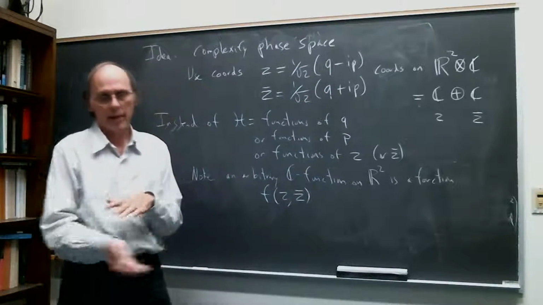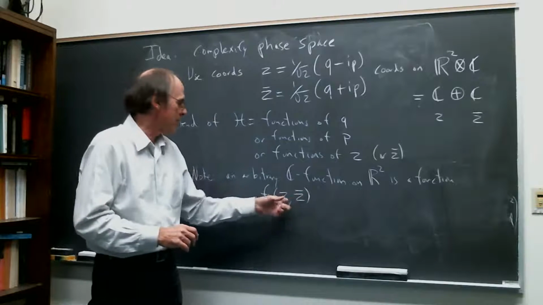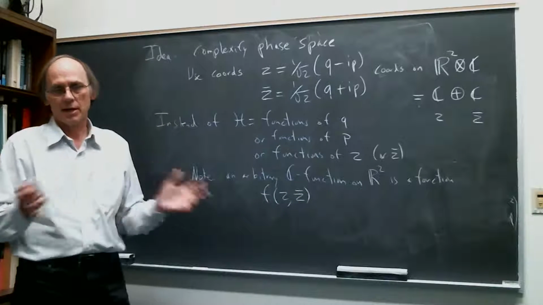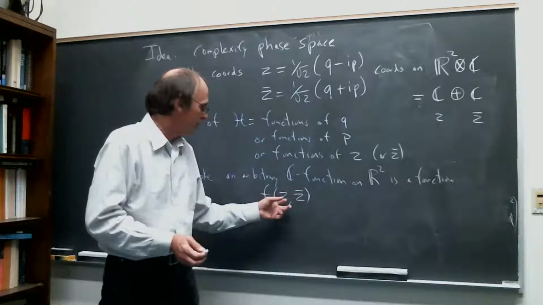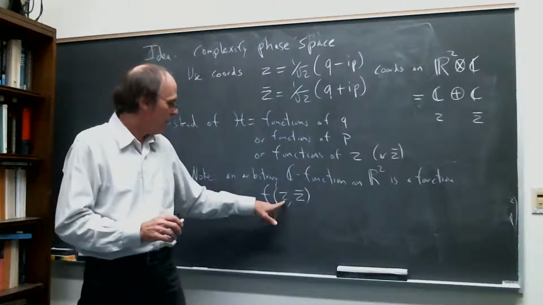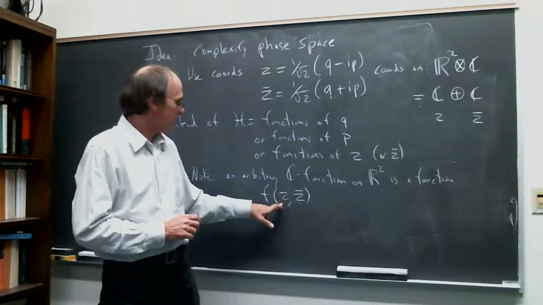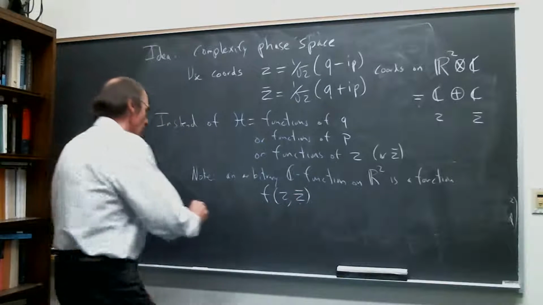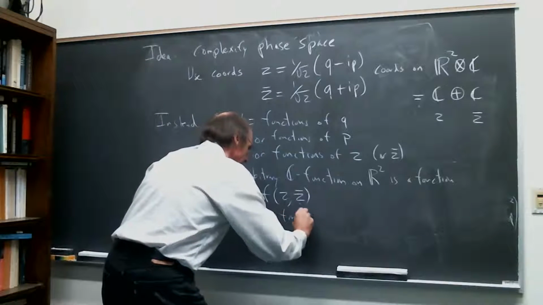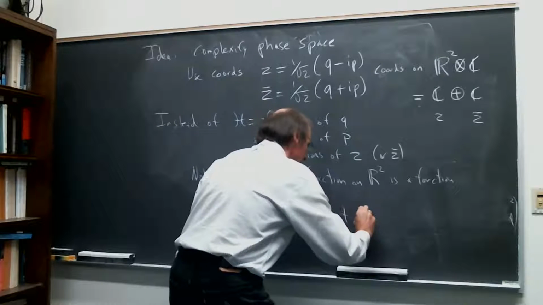If you want some analog of looking at half the functions, you want to look at the ones that just depend upon z, or just depend upon z bar. So for instance, if you want to stick to polynomial functions, you want functions that you can write down by just taking polynomials in z and not using z bar. So we want functions that only depend on z.